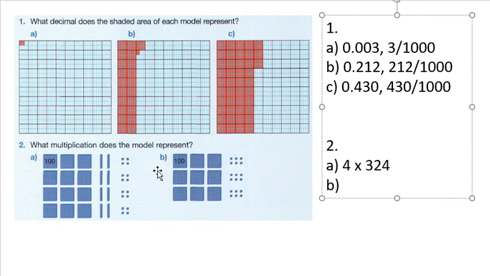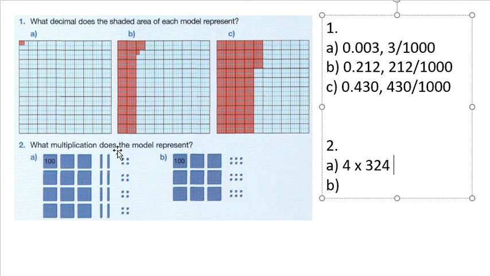So the multiplication that this model is representing is 4 groups of 324. Here's one group of 324, group 2 of 324, group 3 of 324, group 4 of 324. And that's how I got my 4 times 324.